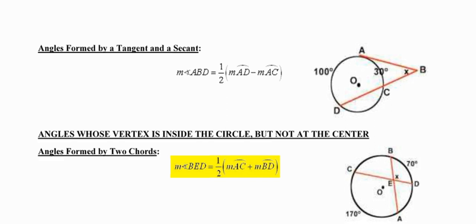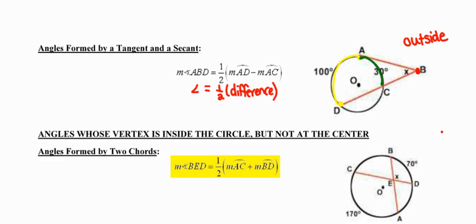For the angle formed when a tangent and a secant intersect, again, I'm noticing that the vertex of the angle is outside the circle. So it is going to follow that same rule, where the degree measure of the angle is equal to half of the difference of the degree measures of the arcs. One of those arcs is going to be that 100-degree arc.